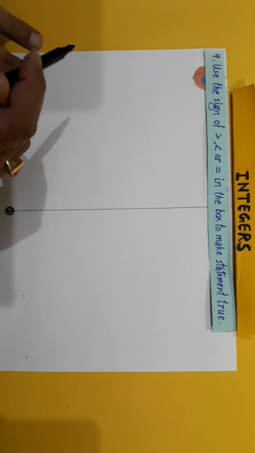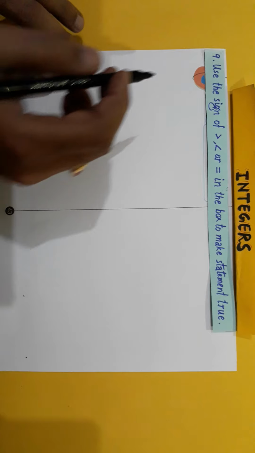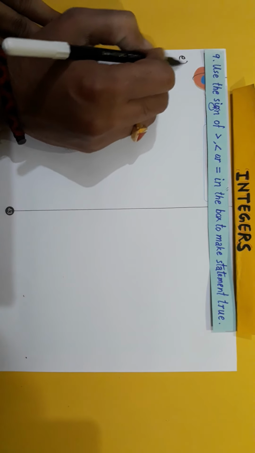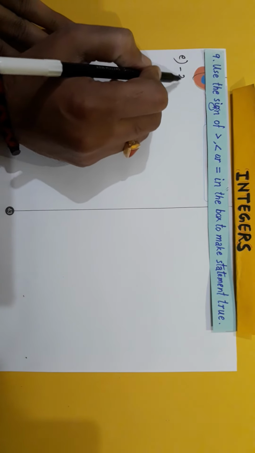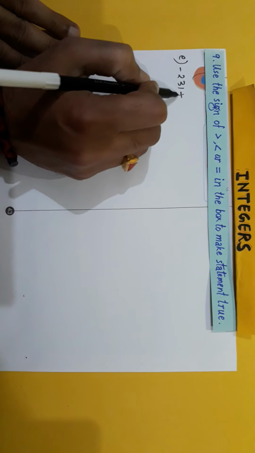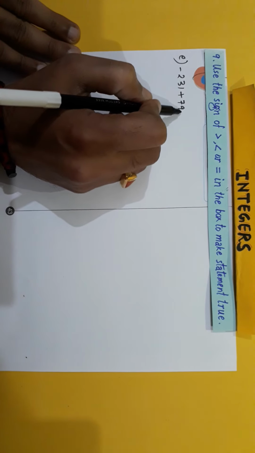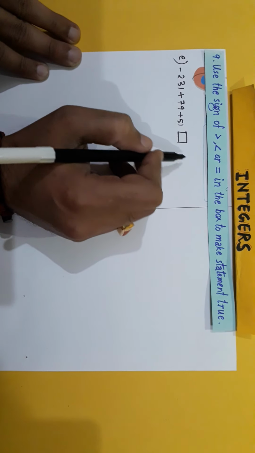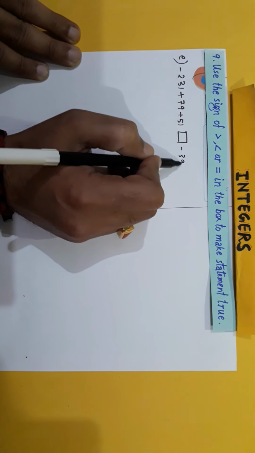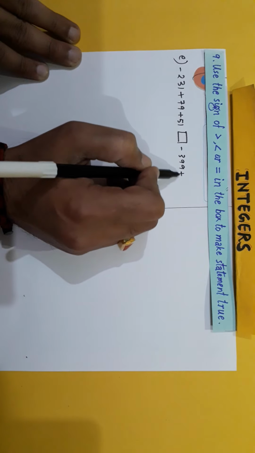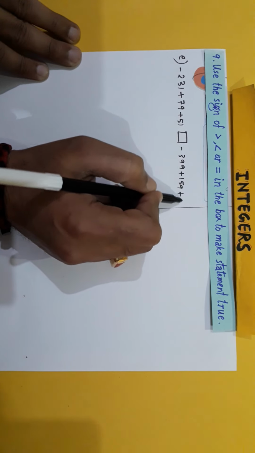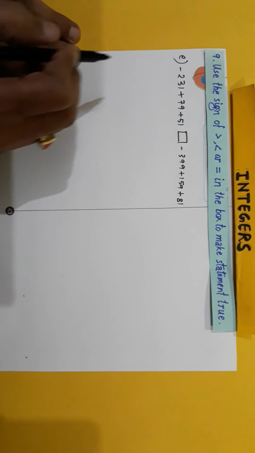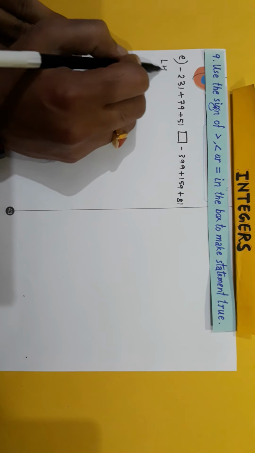In E part, if you see the question, then the question is minus 231 plus 79 plus 51, then the box, then minus 399 plus 159 plus 81. Now let us take LHS.